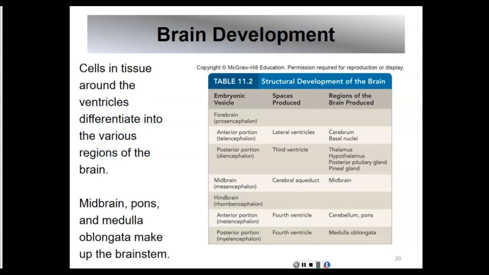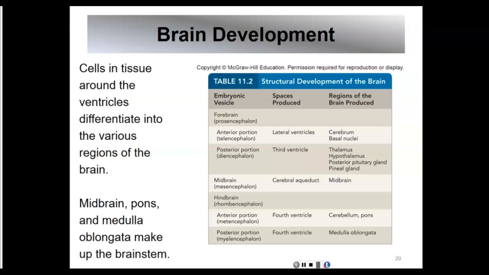We're not going to spend much time on the brain development, so in this part of your book, I would just refer to the slide because it's just a basic description. You do not need to go into the different layers of embryonic development. That is pretty detailed and can get pretty confusing quickly.